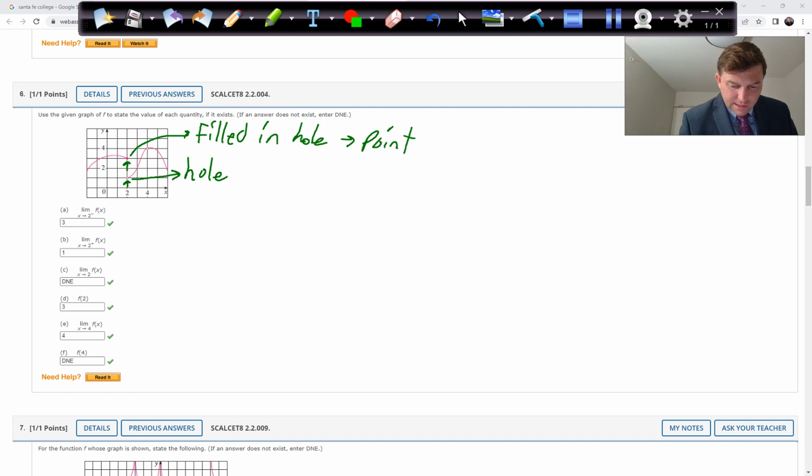That is a point on the graph. So between these two, you're never going to take a hole. That's not where the function exists. It's right here. And that y value when x is 2 is 3, because it lines up with 3. So that's where I got this 3.